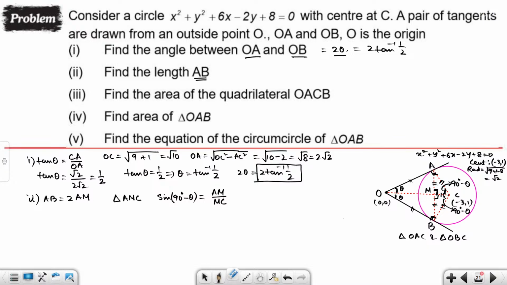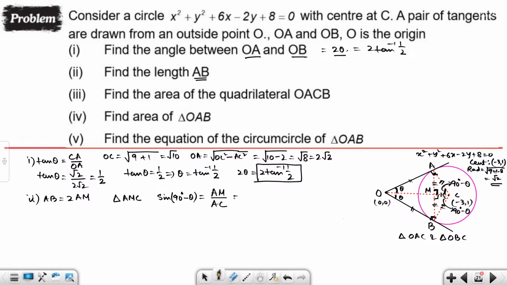I'm actually thinking something else. Okay, because I know the radius, what I'm trying to do here is sine 90 minus theta will be nothing but perpendicular by hypotenuse. So it will be AM over AC. And AC is basically the radius of the circle, which is nothing but root 2.